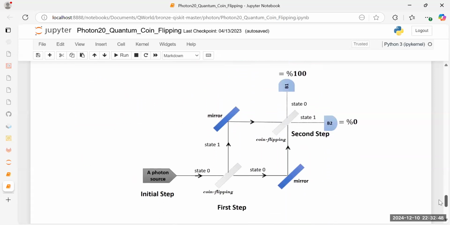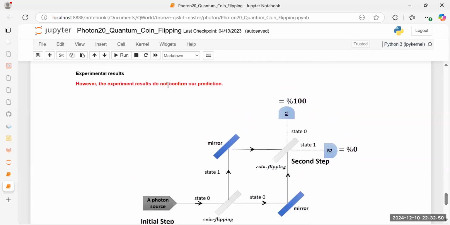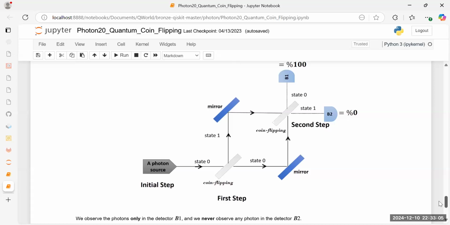But this is what we actually get from the results of our experiment. We tossed our coin twice, and every single time it landed on head. I'll just give you a second to think about this.